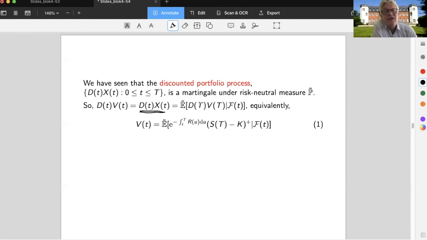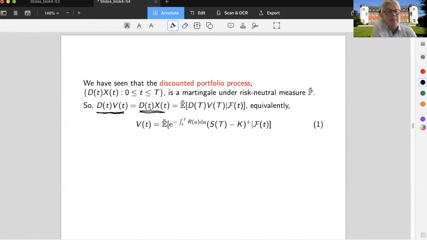This is the definition of the martingale. Under P tilde, the discounted option at time capital T, with the filtration up to time t, is in fact the discounted option value at time little t, and that should be equal to the discounted portfolio process at little t.